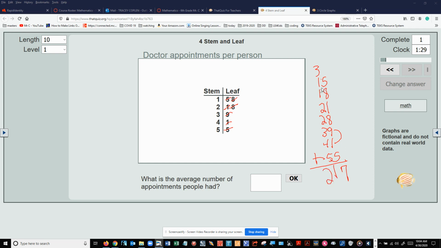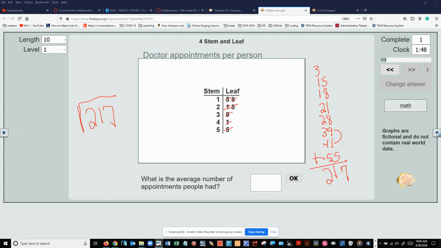Did I do this one right? I'm going to check. 13, 14, 22, 31, 32, 37. Okay, just want to make sure that I had it right. So I have 217 total.